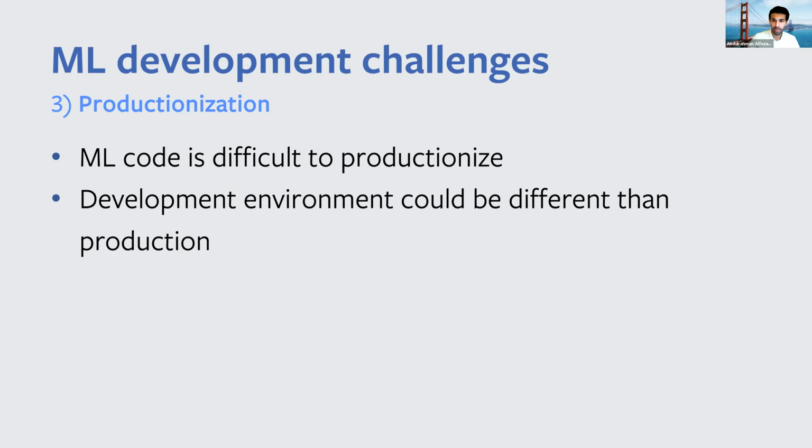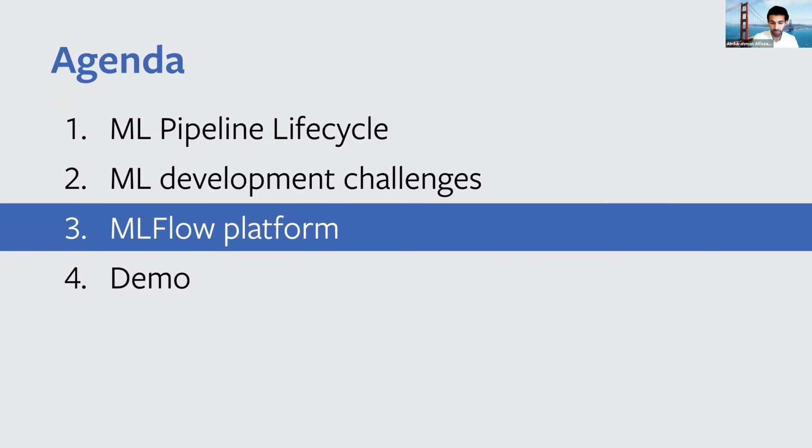So it seems like development is hard. There are a lot of issues with development, and it used to be worse. It has gotten better, and one reason is MLflow. MLflow was started by a company called Databricks, one of the contributors to Spark.